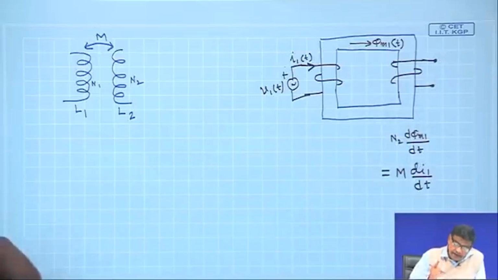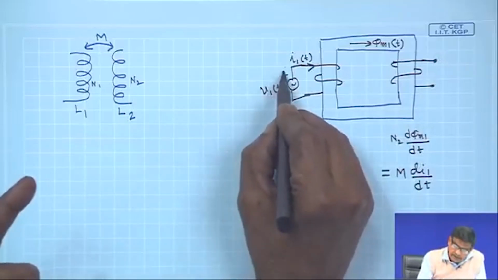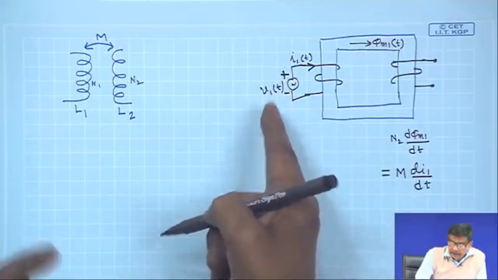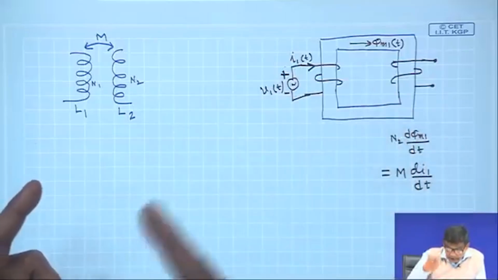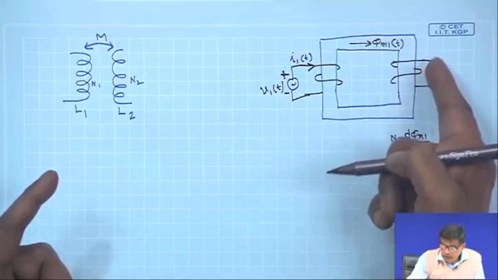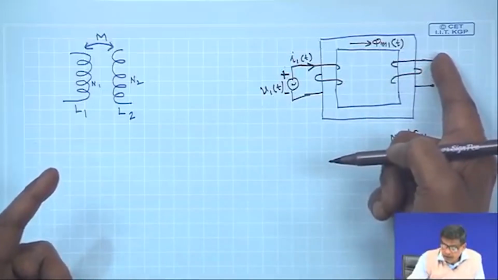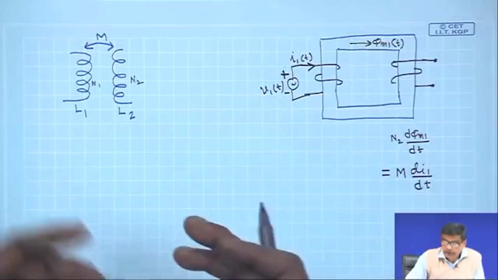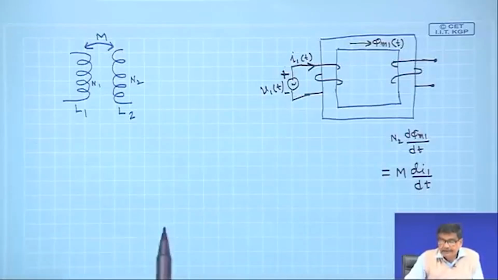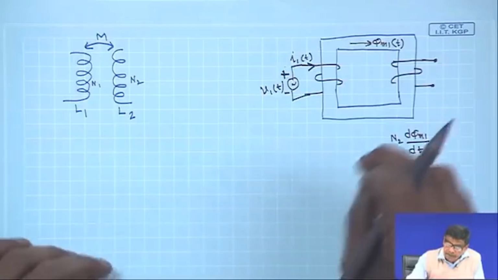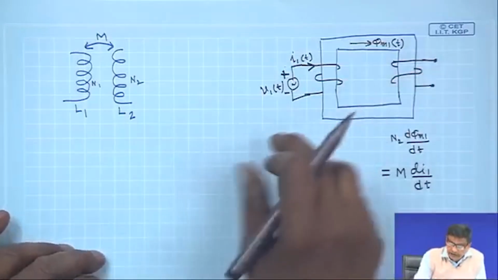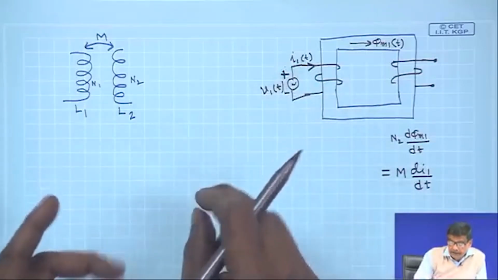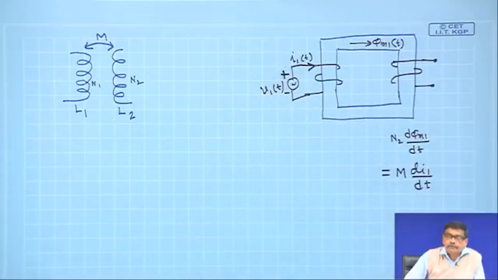Now, suppose at a given instant this is plus and this is minus. The question is, at that particular instant, which one of these two terminals will become plus and which one becomes minus? That is the instantaneous polarity of the secondary voltage with respect to the known polarity of the primary coil at the same instant.